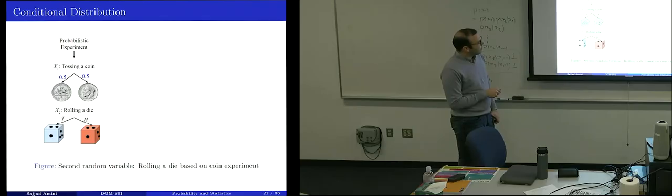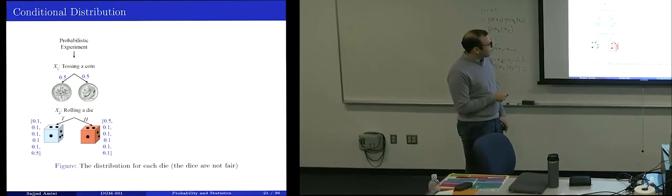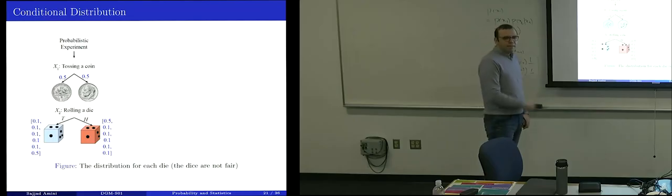If I have head, I roll this die. If I have tail, I roll this die. But the most important point is that these are biased dice. It means that the probability for one is different from the others, and the others are equal. Here the probability for 6 is different from the others. This is my experiment, the probabilistic experiment.